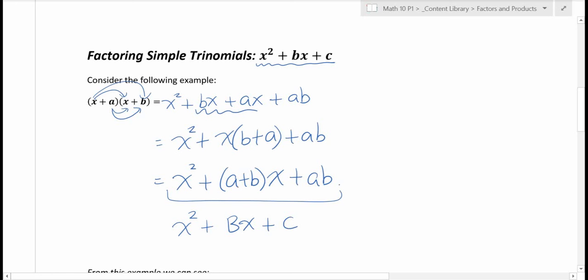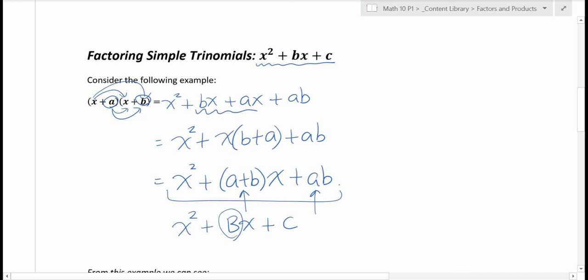So what we are seeing here is that the middle coefficient is actually the sum of a and b. And a and b we know are just these two numbers. And the constant at the end is just the product of a times b.